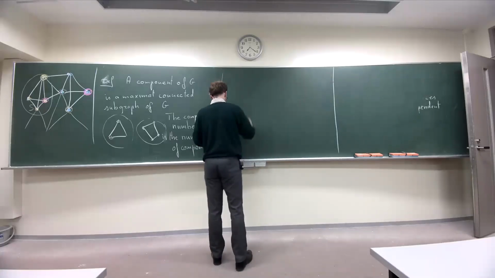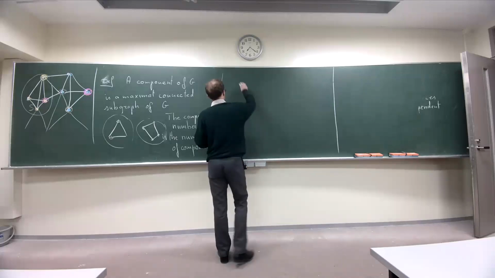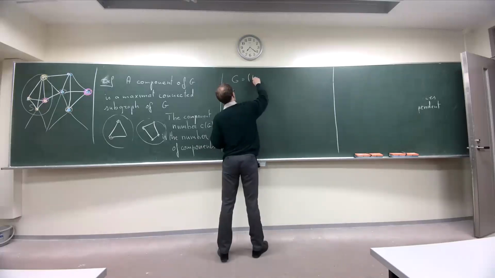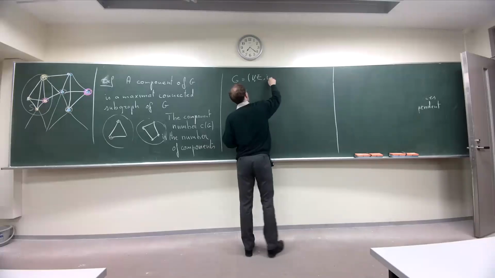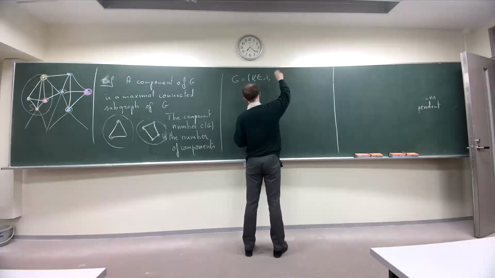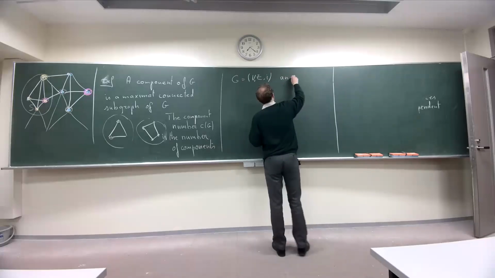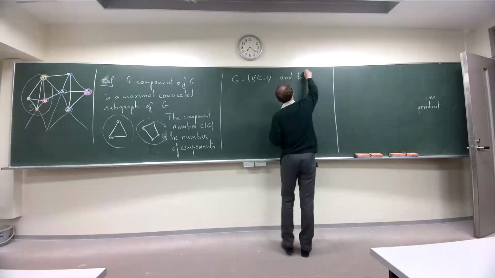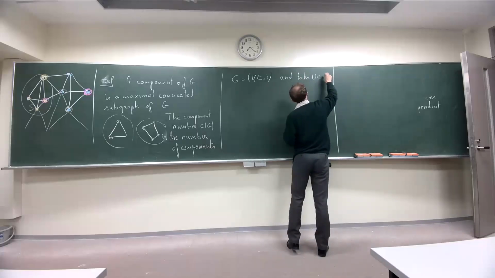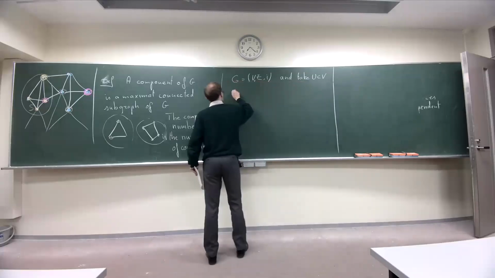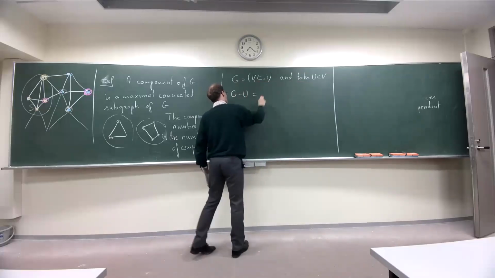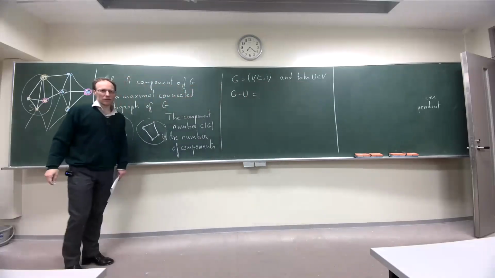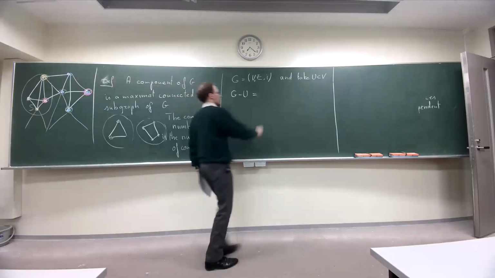Let me just rewrite one definition. So we have a graph G = (V, E, I), and that's it. Take a subset U inside V. What is G minus U? I already mentioned this, but let me repeat it.